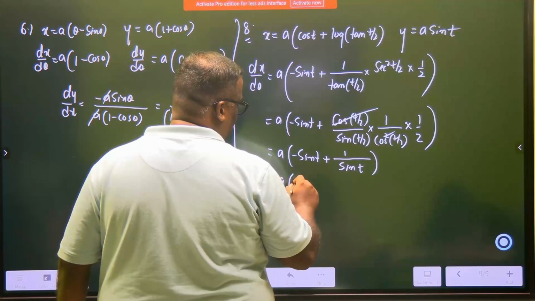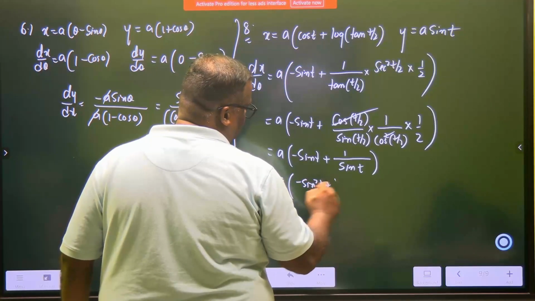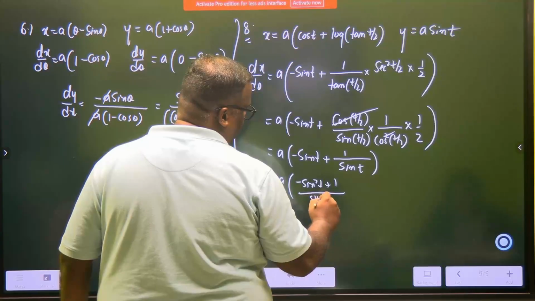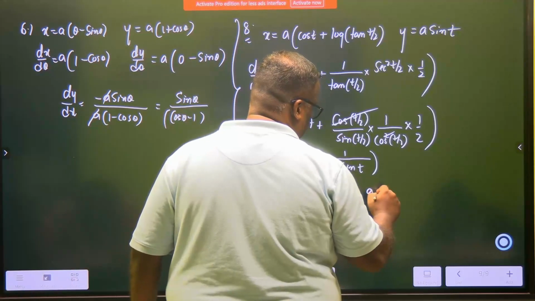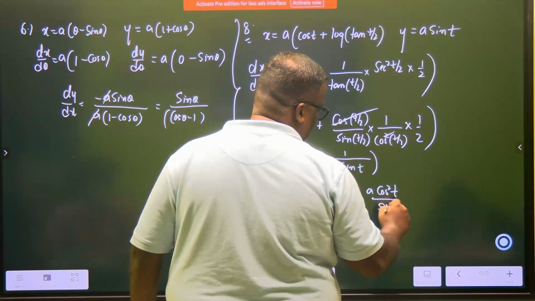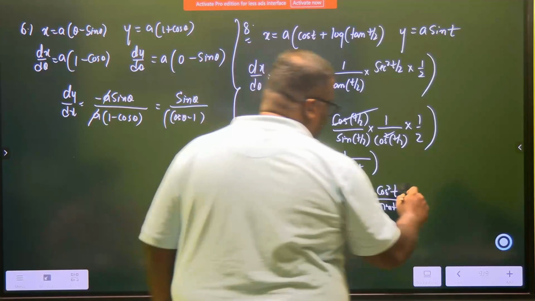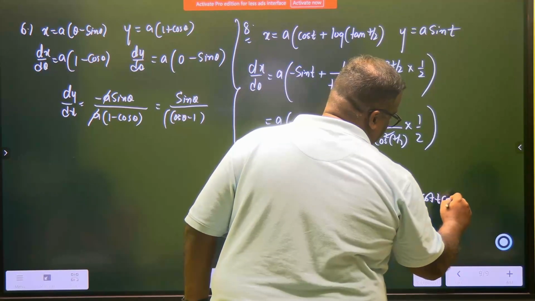A minus sin square t plus 1 by sin t. Child, 1 minus sin square theta is cos square theta. Cos square t by sin t. So we can write it as a cot t cosec t.